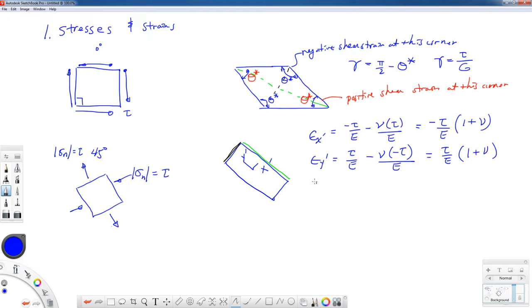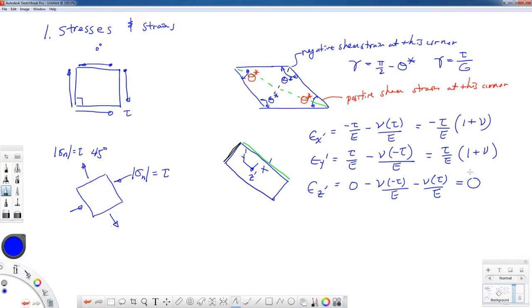Now if I wanted to find a strain in the z direction, or the z prime direction, if I call it that, then I would have sigma z over E minus nu sigma x prime over E minus nu sigma y prime over E. And you see this comes to be a plus term, this is a minus term.